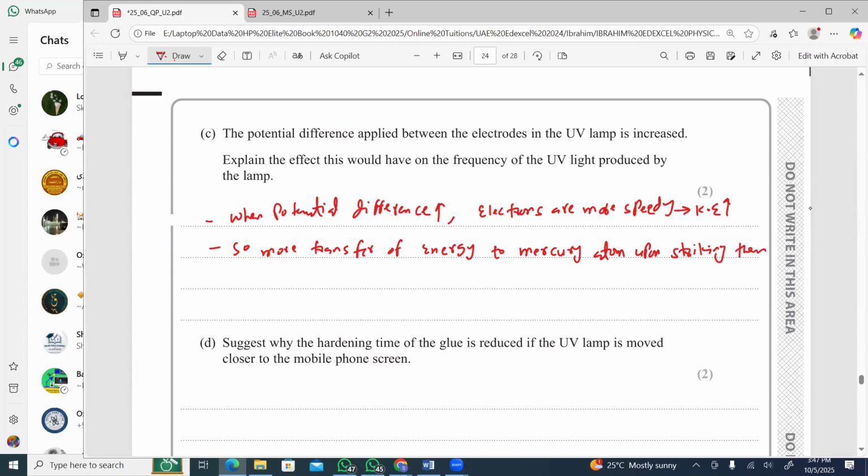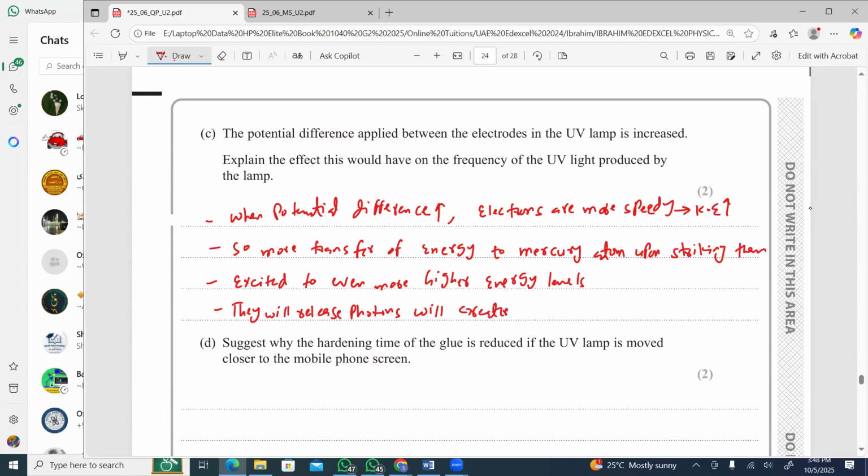When more energy is transferred to the mercury atoms, they will be excited to even higher energy levels, and they will release photons with greater energy or frequency, because frequency and energy are directly proportional to each other.